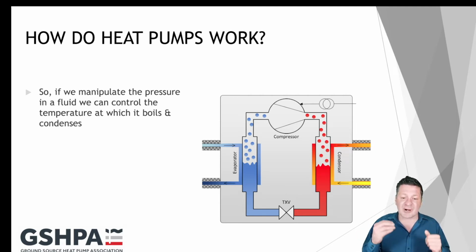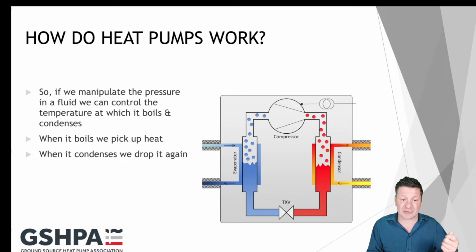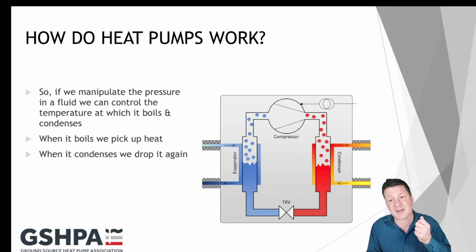And bear in mind, as it goes through that phase change, the energy is still being picked up by the fluid or dropped by the fluid. So when it boils, we pick up the heat in the evaporator, and when it condenses, we drop it again in the condenser. So we pick up heat at a cold, low pressure regime and drop it at a high pressure, high temperature regime.